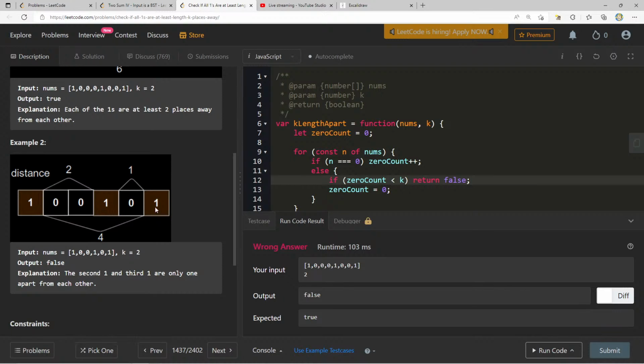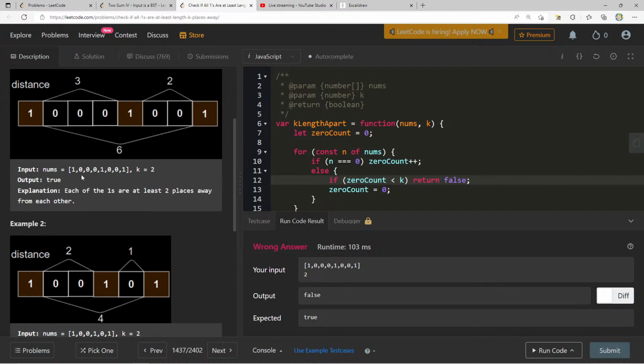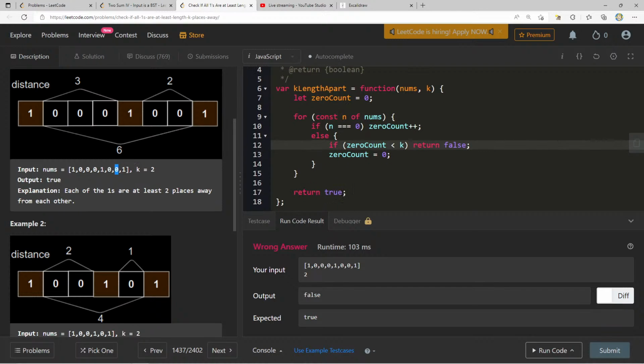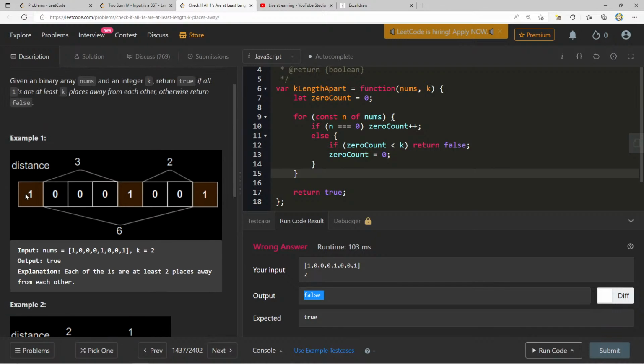If zeroCount is less than k, return false. Zero count and then return true. So why am I getting false here? Because this should be, if n is equal to 0, which it's not, this is going to be a 1.